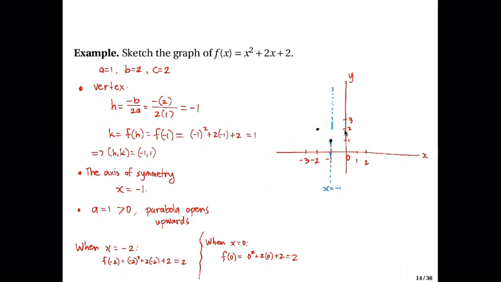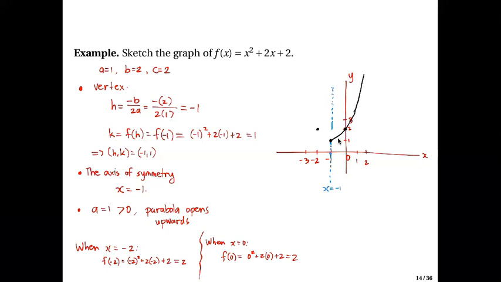So once you have those two points, just draw a parabola passing through these two other points. Of course, the lowest point will be the vertex because, again, your a is equal to 1, which is a positive number. The parabola opens upwards, so the vertex is the lowest point. You can just sketch it something like this.